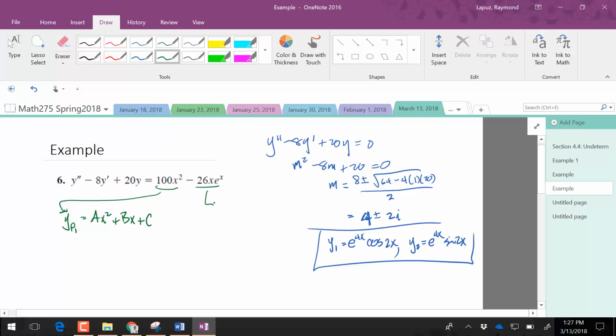And then separately, we're going to consider y sub p2, which is going to be the solution for the second portion. We have an x times e to the x, so the x will generate a general linear term. I could still use a and b because I'm going to do this separately, but if you're not feeling comfortable with this, you can go d and e because we're using a, b, and c's here. We're going to actually treat these two problems separately, so I feel okay about just recycling a and b.